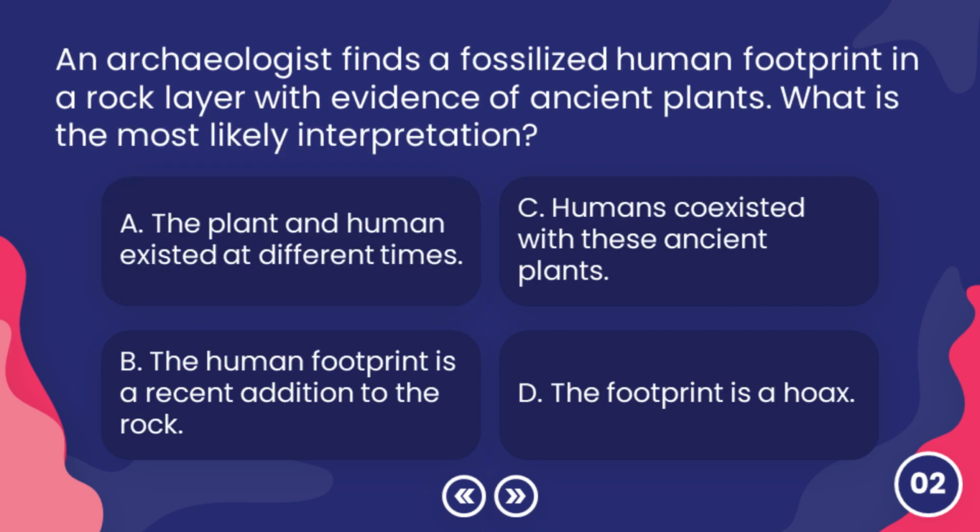Question number 2. An archaeologist finds a fossilized human footprint in a rock layer with evidence of ancient plants. What is the most likely interpretation? A. The plant and human existed at different times. B. The human footprint is a recent addition to the rock. C. Humans coexisted with these ancient plants.